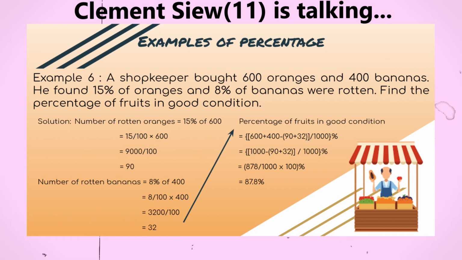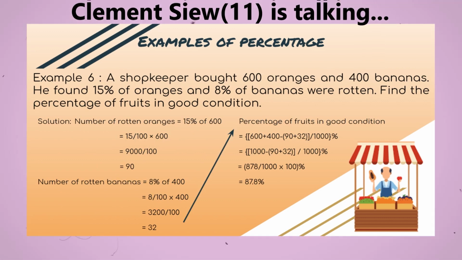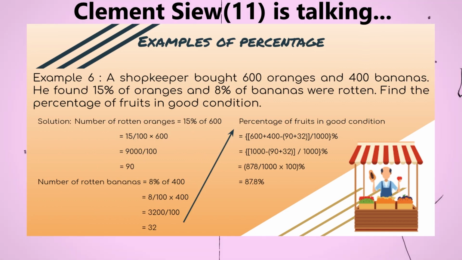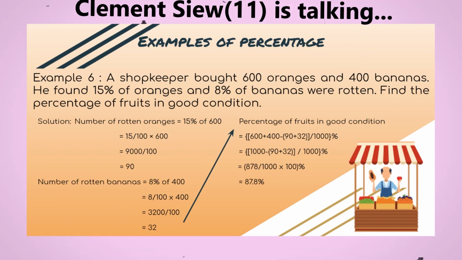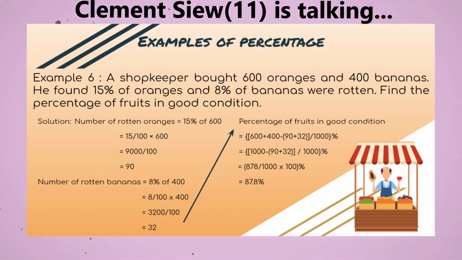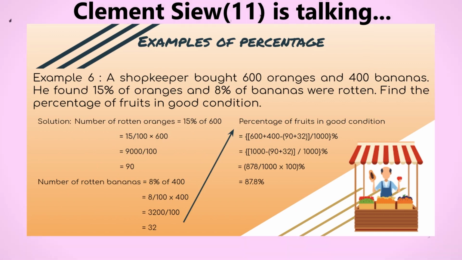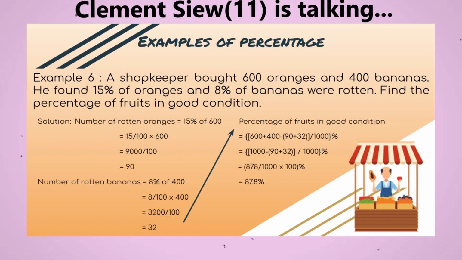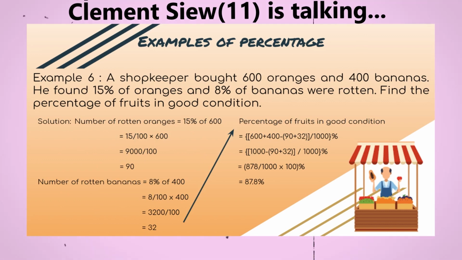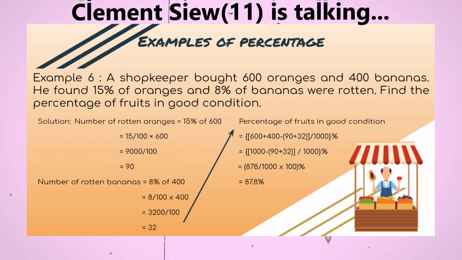equals 32. So the percentage of fruits in good condition equals 600 plus 400 minus 90 plus 32 over 1000 percent, equals 1000 minus 90 plus 32 over 1000 percent, equals 878 over 1000 times 100%.